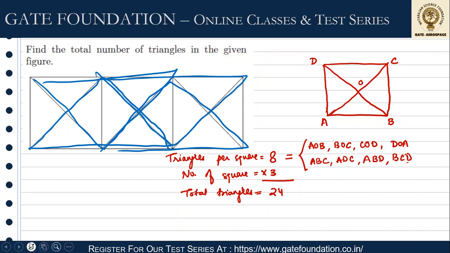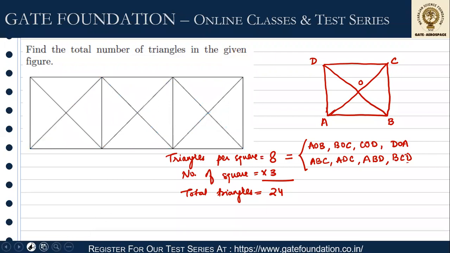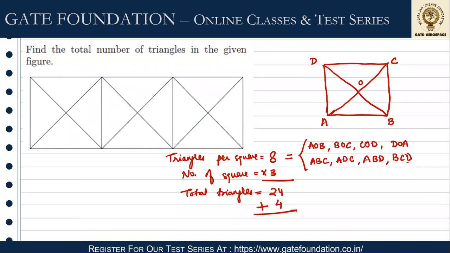There are 4 triangles. So I need to add 4 more. So this will become a total of 28. And the answer will be 28. Right. So this will be the final answer.